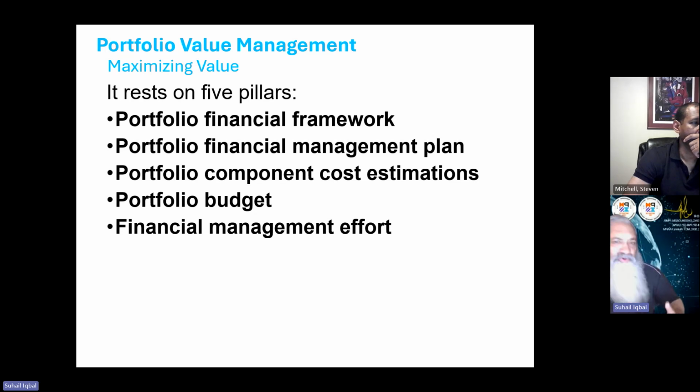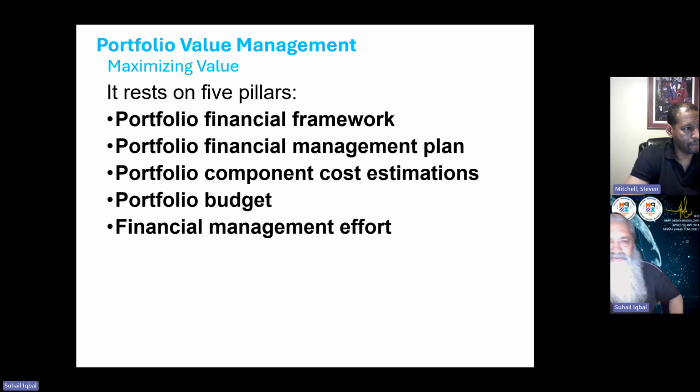So for the portfolio, that framework provides us the guidelines for creation of the financial management plan. For all practical purposes, you consider the financial framework as the financial governance guidelines.